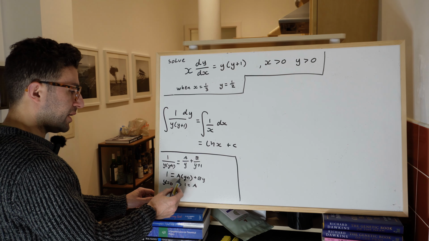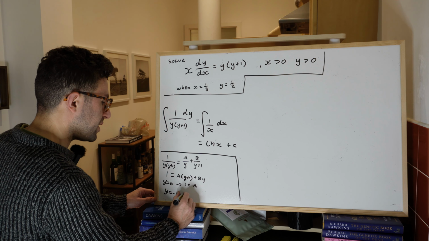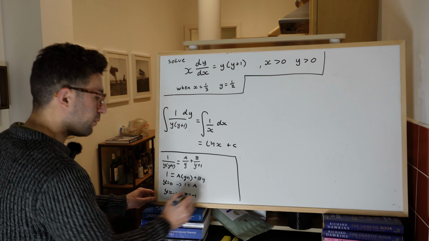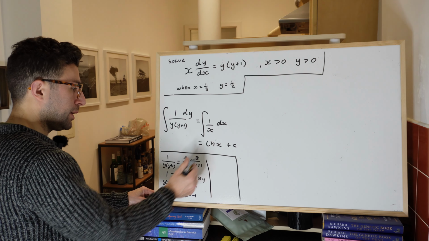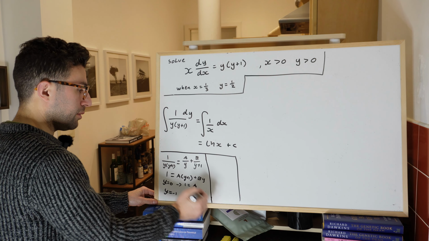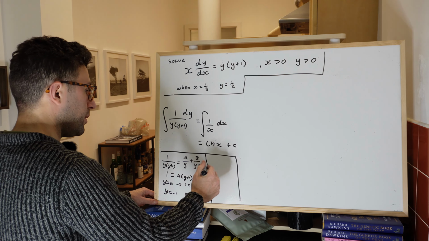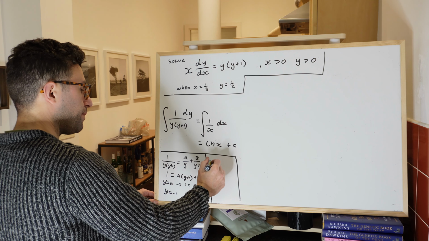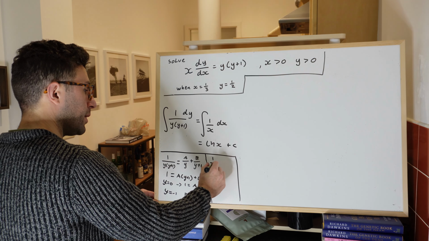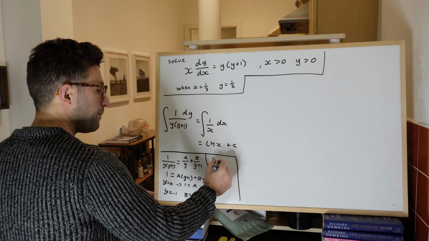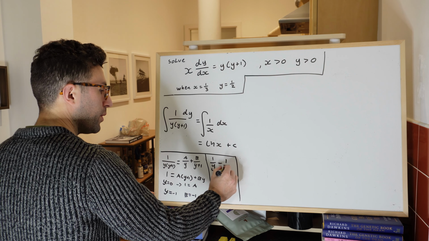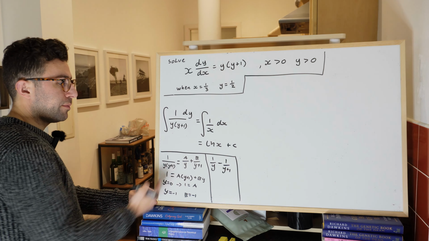When you put that in, that'll go to 0, and it looks like you're just left with b equals minus 1. You might want to check that yourself. So overall, you can rewrite 1 over y times y plus 1 as 1 over y minus 1 over y plus 1. A is 1, b is minus 1.